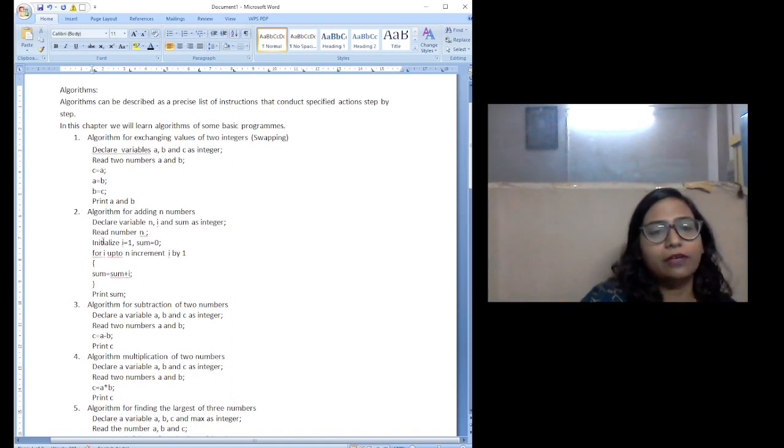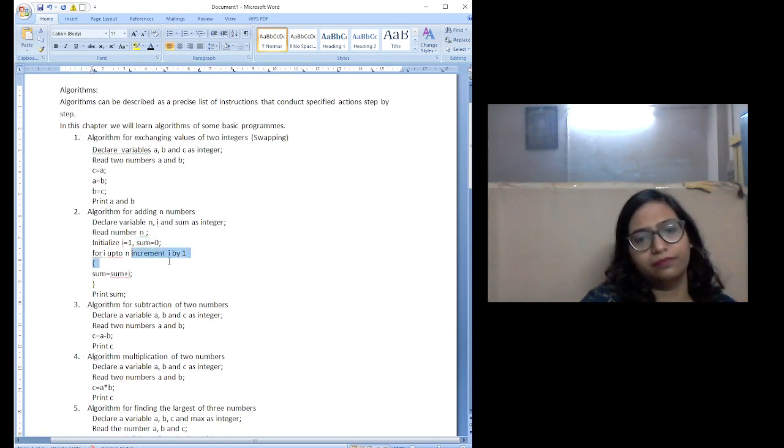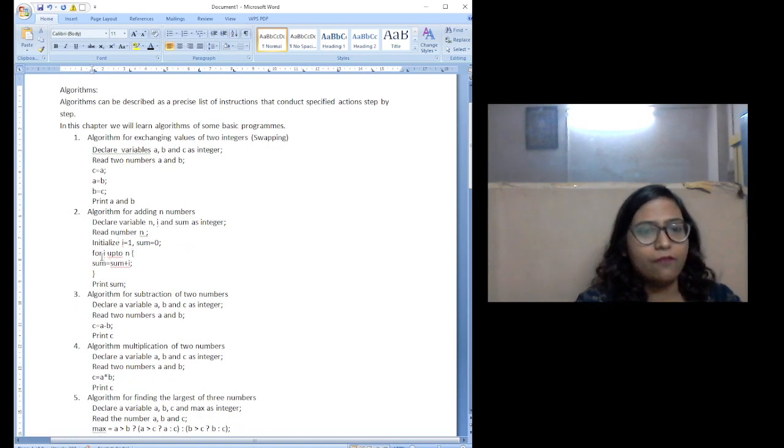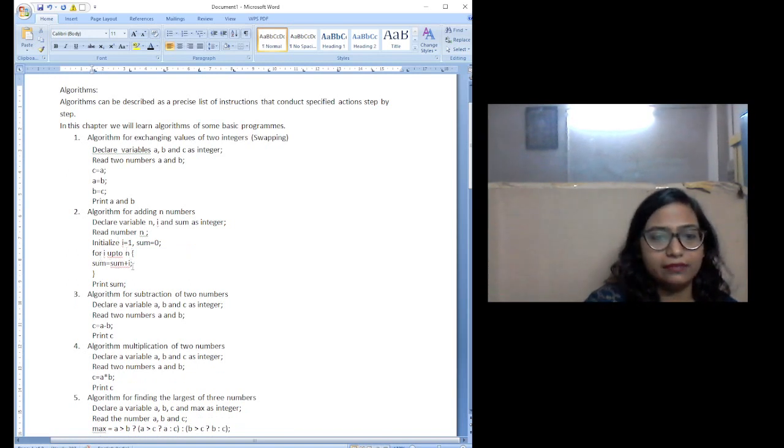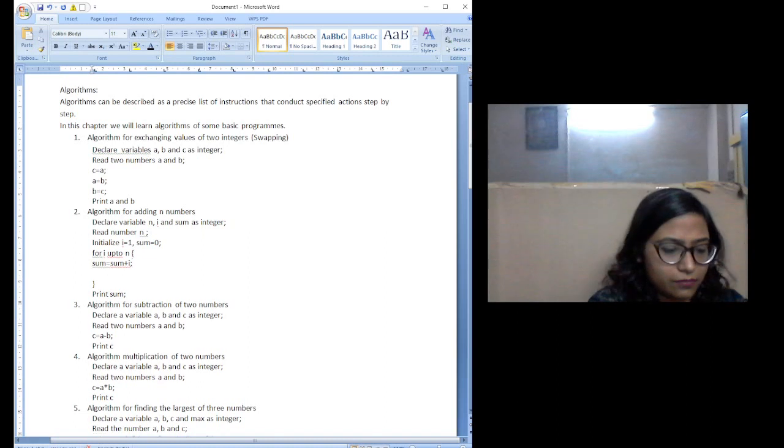Now we initialize I with 1 and sum with 0. Okay, for I up to n, I equals I plus 1. Write it here, it will be better.